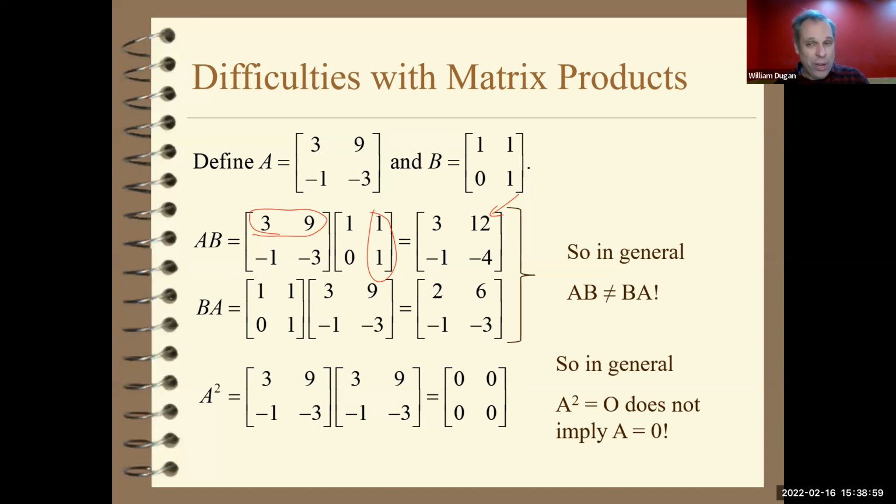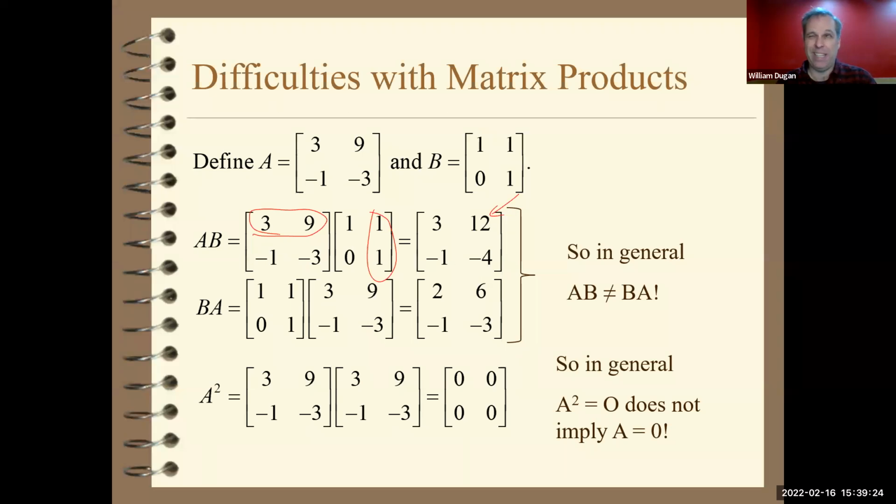That has other weird consequences. It means it's possible to take a product of 2 matrices, neither of which is the 0 matrix, and yet when you multiply them together, you do get the 0 matrix. The consequence is that everything you've ever learned on how to solve polynomial equations, none of those techniques are going to work for matrices.